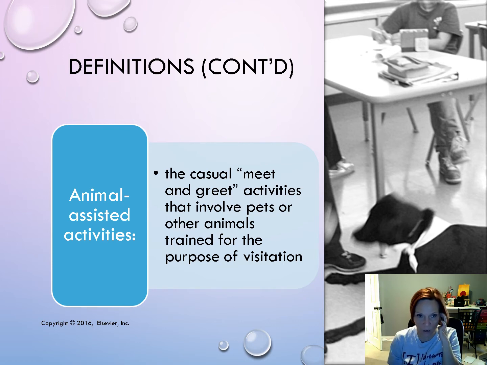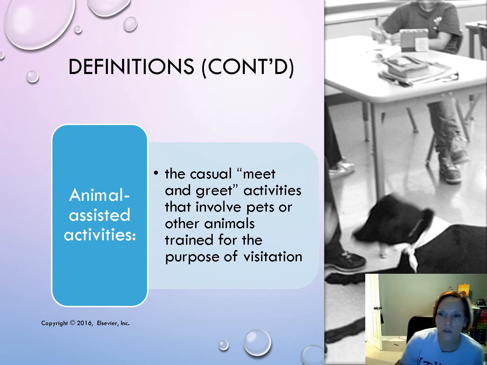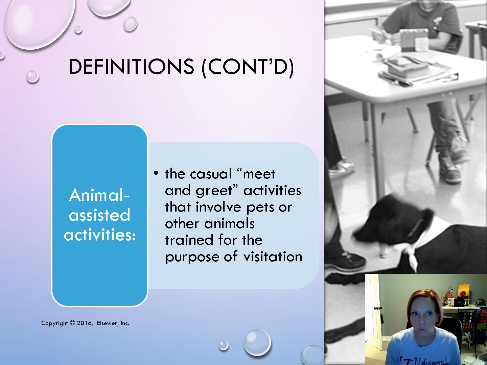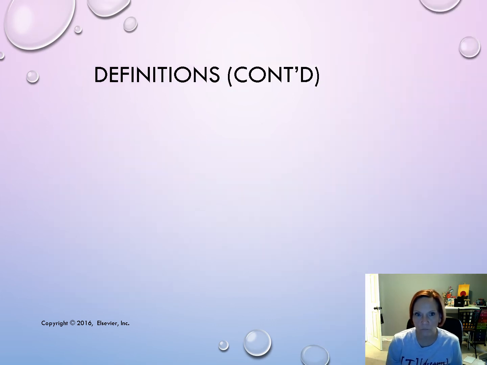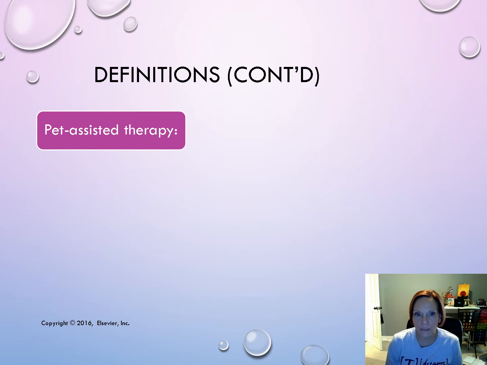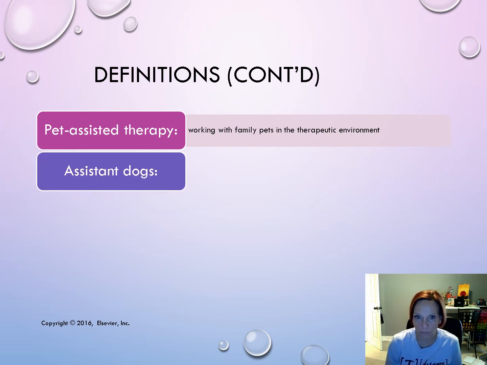I see that a lot, where they'll bring a dog in and a group of patients are there and they pet the dog. Also, you'll see this on cancer wards in children's hospitals. Pet-assisted therapy is working with family pets in the therapeutic environment. So they bring their own animals in and you work with them.